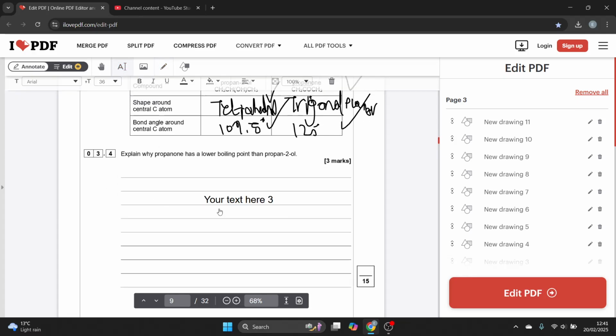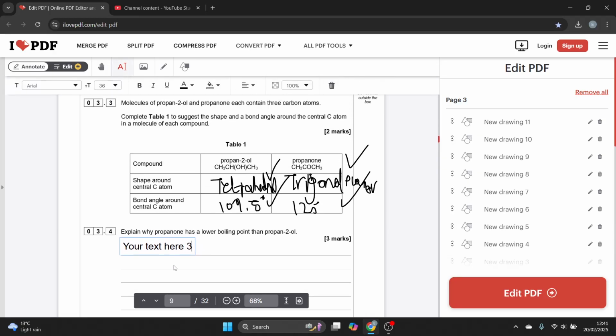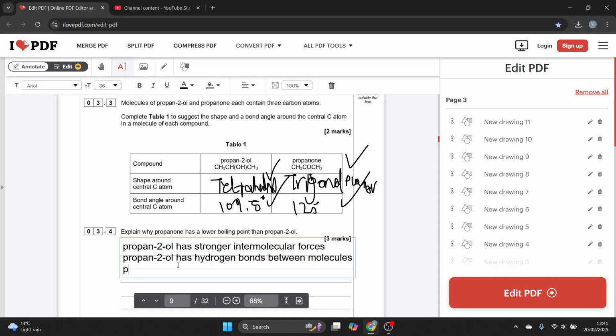You know propanone has a lower boiling point than propan-2-ol. So the first thing I would say is that propan-2-ol has stronger intermolecular forces. Propan-2-ol has hydrogen bonds between molecules, whereas propanone has dipole forces and van der Waals forces.